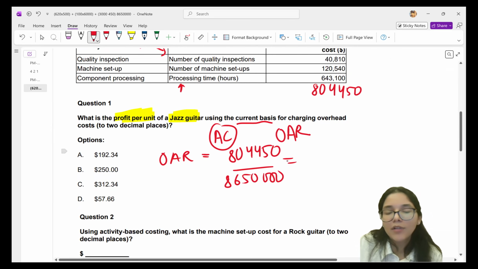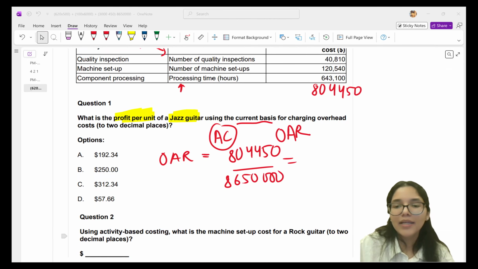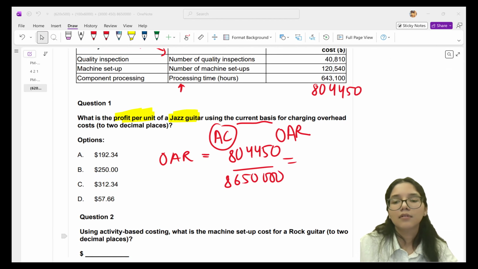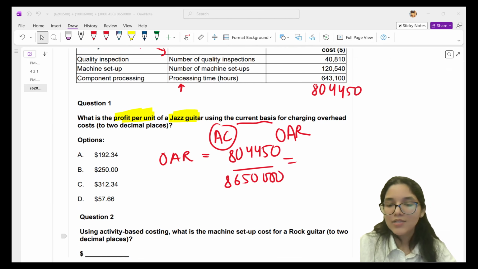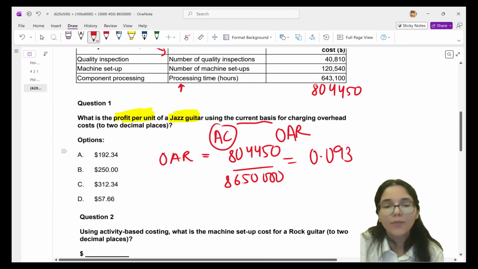Now calculate and let me know how much the OAR is going to be. Okay, 0.093 is what you people are telling me. So I trust you people, 0.093.